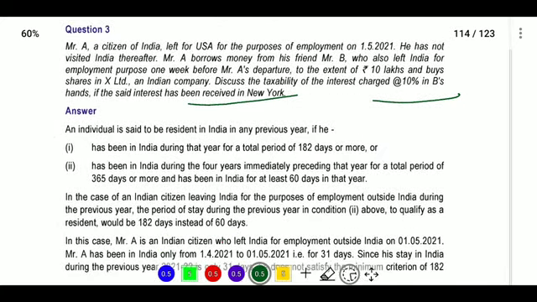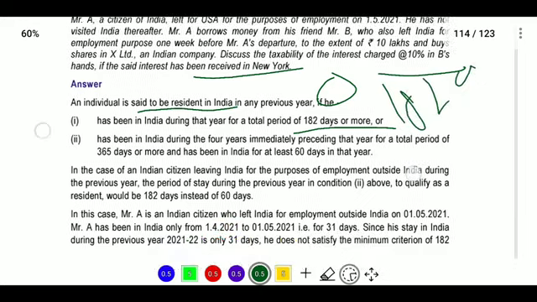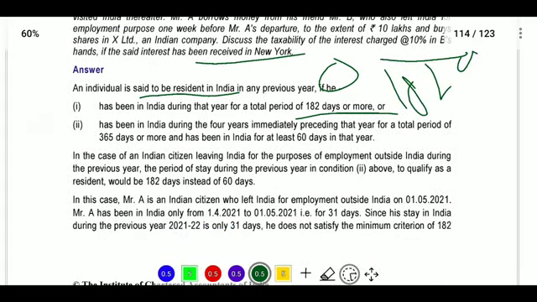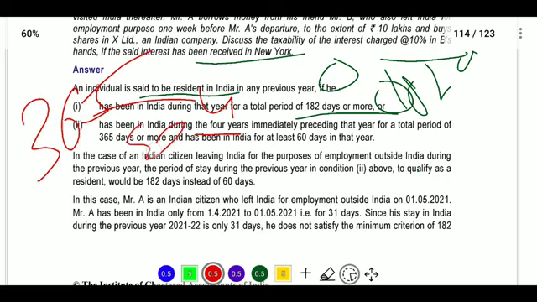See, an individual is said to be resident in India in any previous year if he has been in India during the previous year for a total period of 182 days or more. When he is in India 182 days or more, then he will be treated as resident in India, or has been in India during the 4 years immediately preceding the year for a total period of 365 days and at least 60 days in that year.